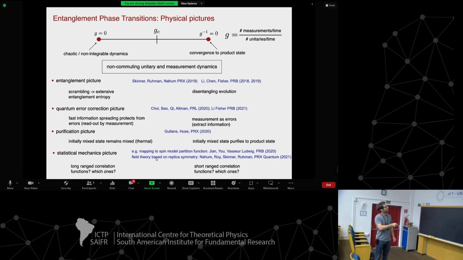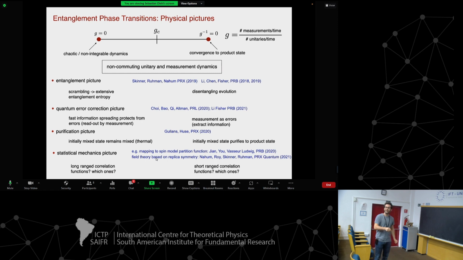There is also a picture of quantum error correction, which is more the information point of view: there's a very fast spreading of information that is so fast that it's protected from local errors, and the phase transition is seen as the transition where an error correcting code would fail, and we can extract information from the state. So when we go to the product state, we have perfect knowledge about all details of this wave function.